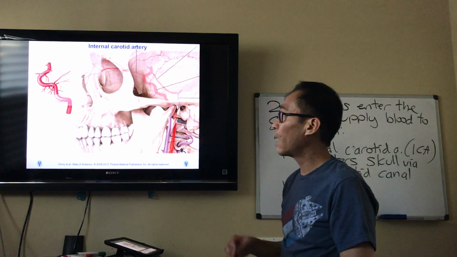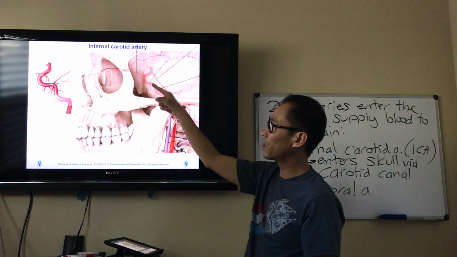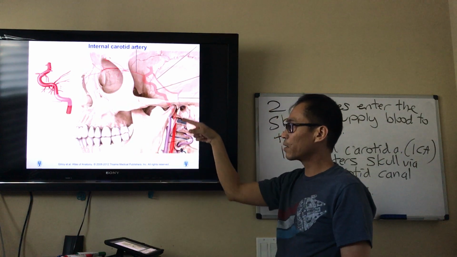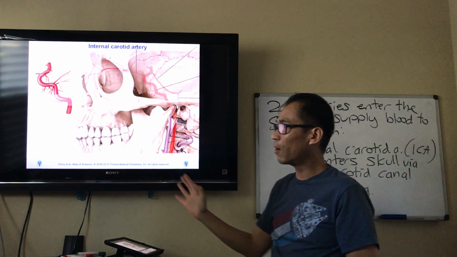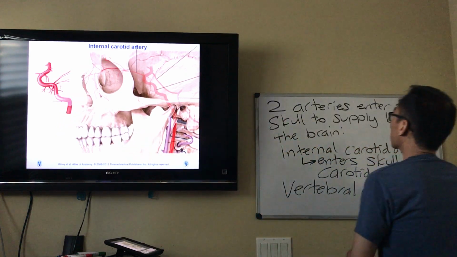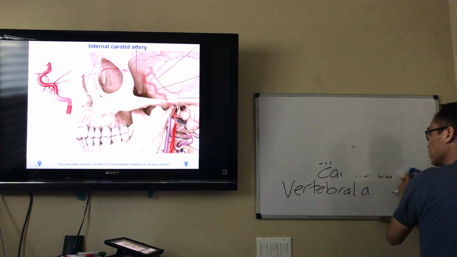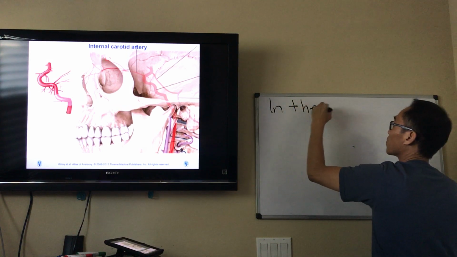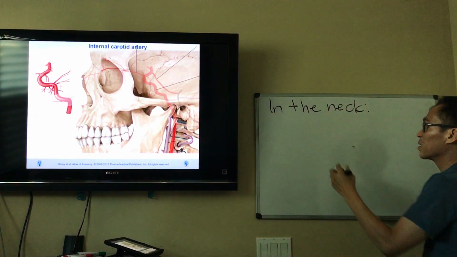This picture shows how ICA kind of goes inside the skull. So it's not a straight shot, is it? It kind of makes all these turns. Here's ICA in isolation. One thing you might note, when the internal carotid artery, ICA, is in the neck, it gives off no branches. But once it gets inside the skull, it gives off many branches. You write that down. In the neck, not in the skull, in the neck, we talked about the external carotid and the internal carotid.